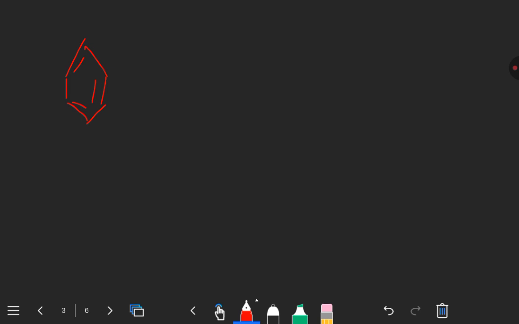Then let's say my benzene ring is bonded to this compound. Okay, so we know that oxygen there has some lone pairs of electrons. So my benzene ring is bonded like that.